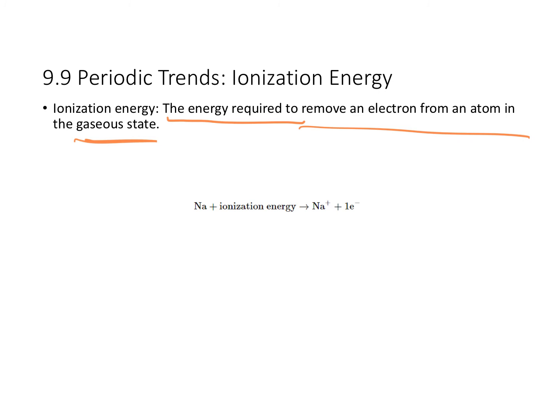I should give it more energy. That's why fluorine has higher ionization energy compared to sodium, for instance. But sodium already wants to lose that electron, right? So just by a little amount of energy, sodium changes to Na+. So that's why, in general, metals have lower ionization energy compared to nonmetals.